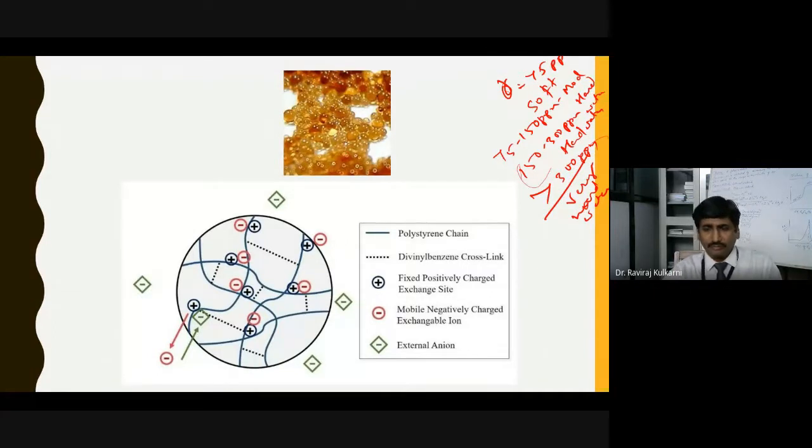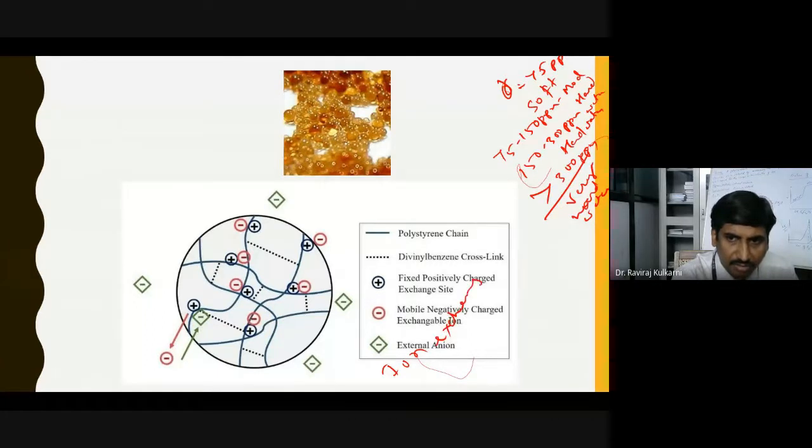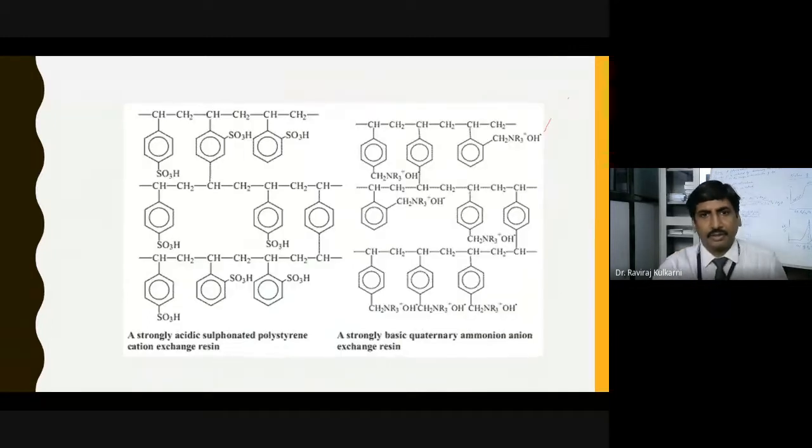If the hardness is too much, then we go for the ion exchange process. What are the ion exchangers?